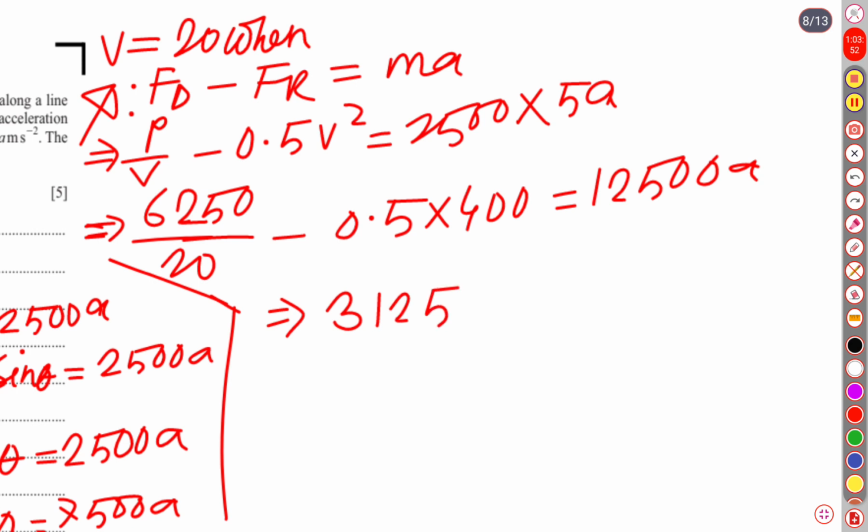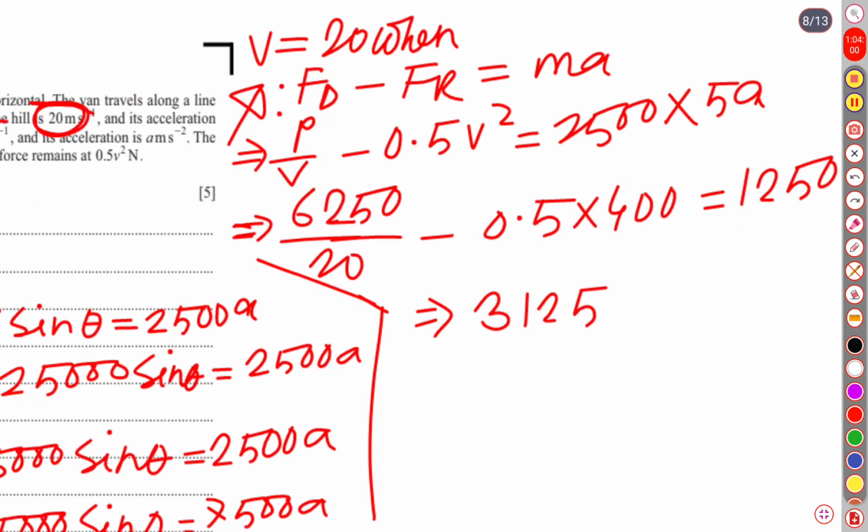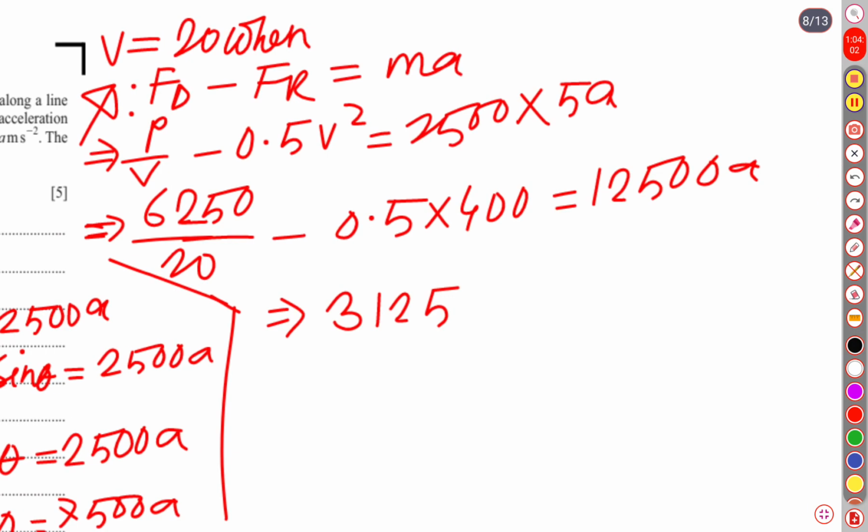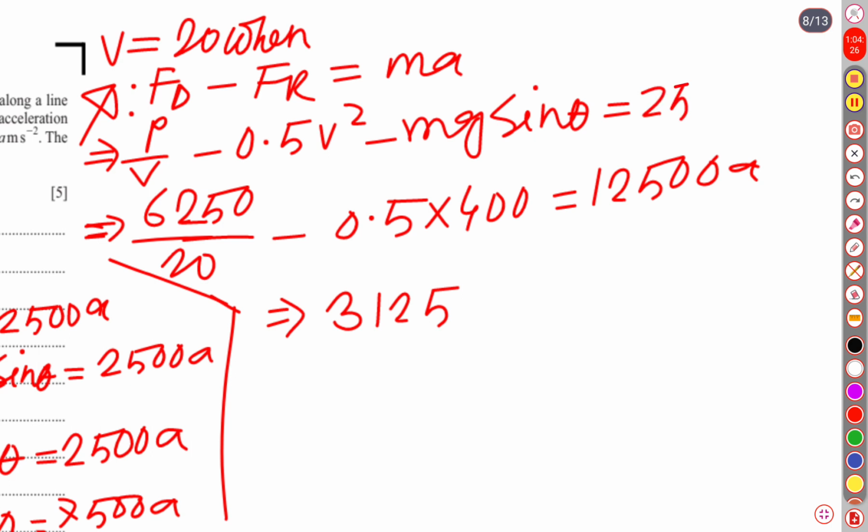Oh sorry, we forgot to calculate the weight. Look at this, weight has been ignored, which is absolutely wrong. So let us write this weight also over here. Before the right side, it is minus mg sine theta, equal to, right side is mass 2500 and it is 5a.